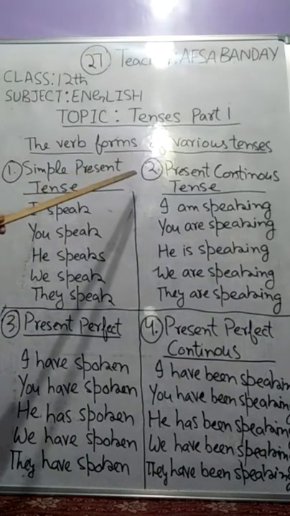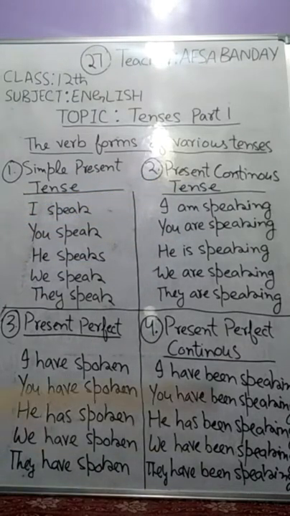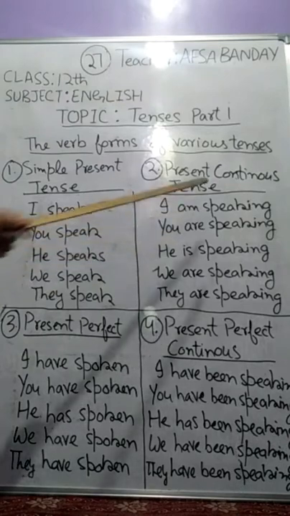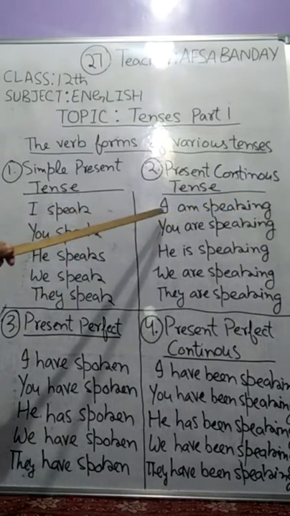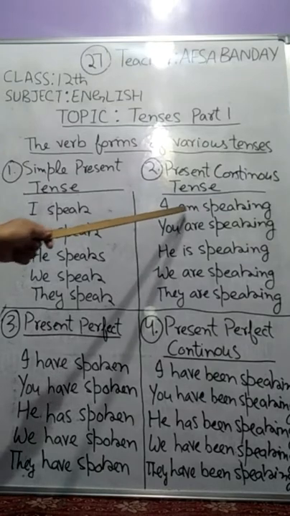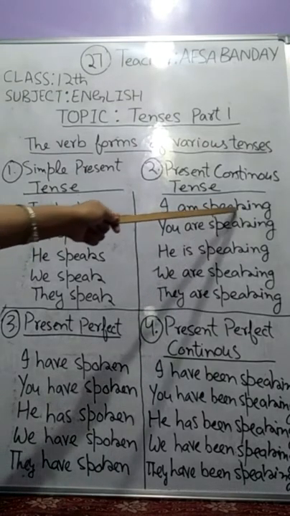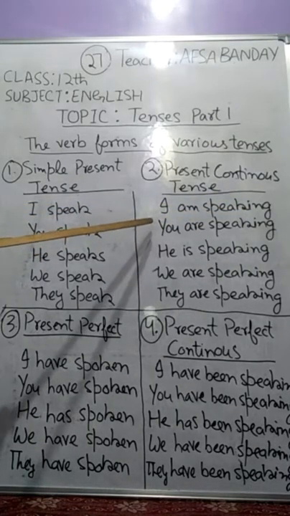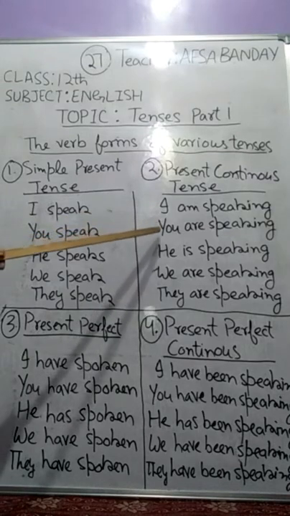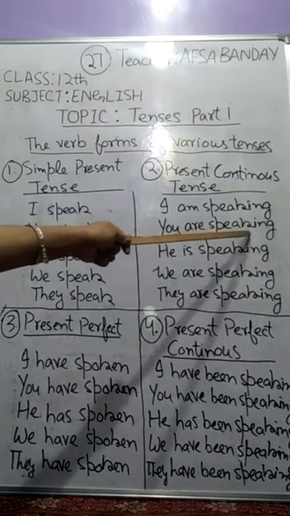Coming to the next type, the present continuous tense. Since it's continuous, we have to use the ing form with the base form of the verb. With first person pronoun I, we use the helping verb am and then the verb with ing form. With second person you, we use are plus verb with ing form.